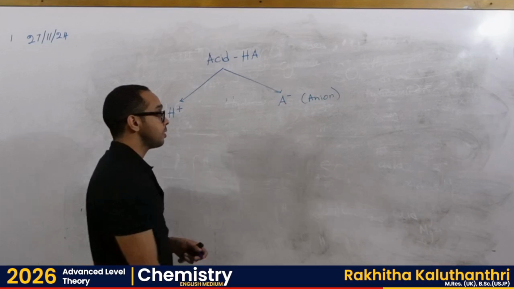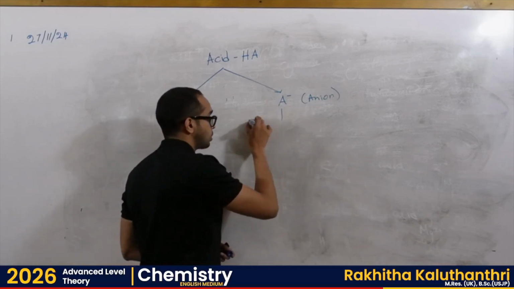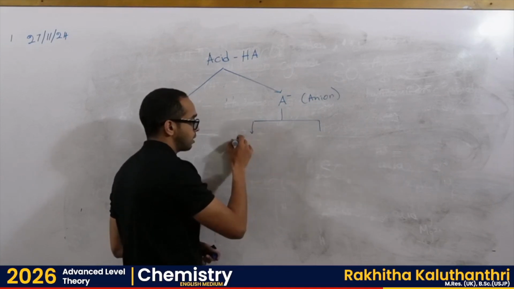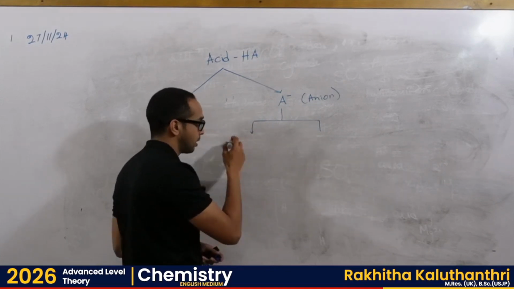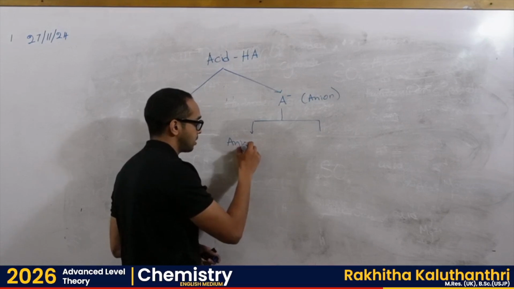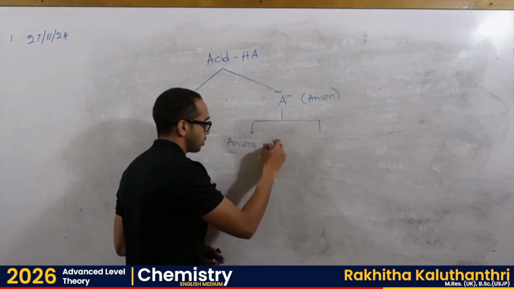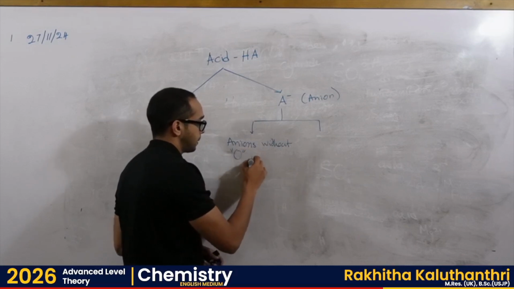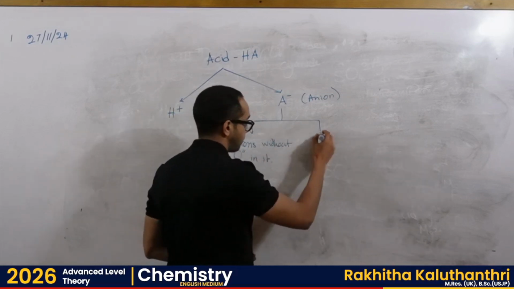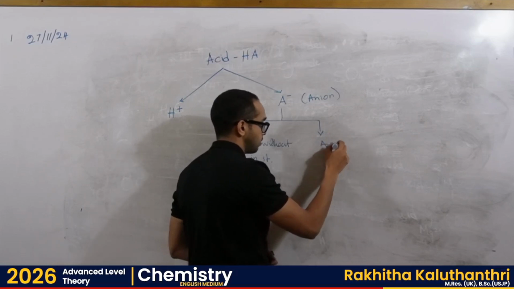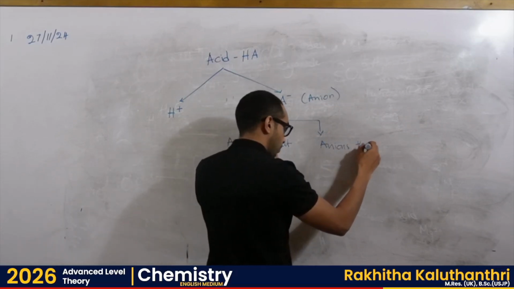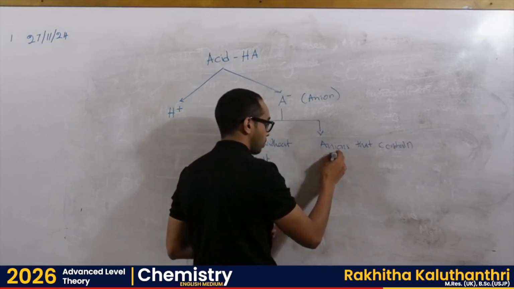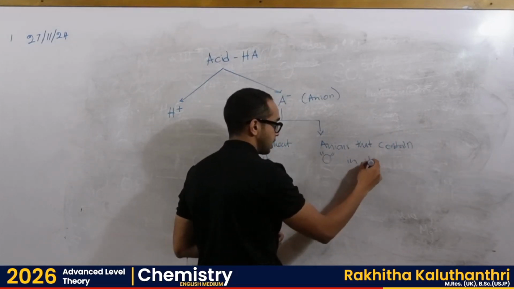And then this was also broken into two different types of anions, right? Ones that we discussed, like the anions without any oxygen in them, and then we have anions that contain oxygen in them.